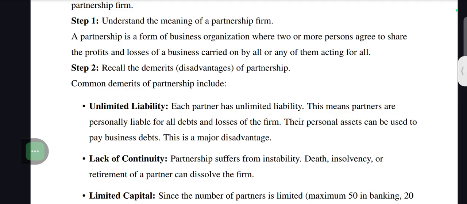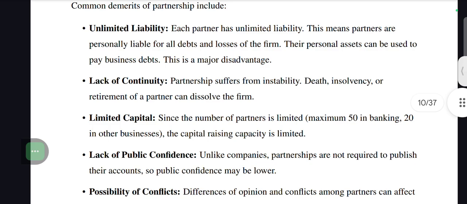So let us see the options that they have given. That is unlimited liability. Here each partner has unlimited liability. This means partners are personally liable for all debts and losses of the firm. Next, lack of continuity means partnership suffers from instability: death of a partner, or some partner takes their money and leaves the company.